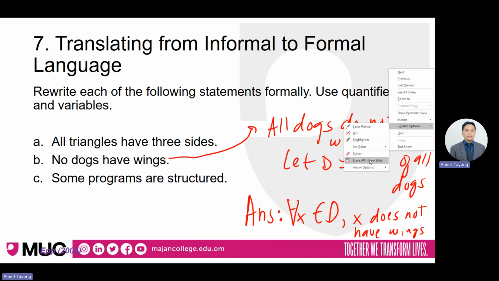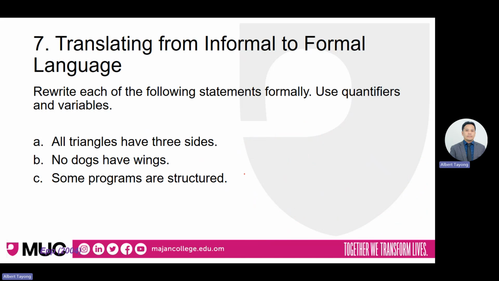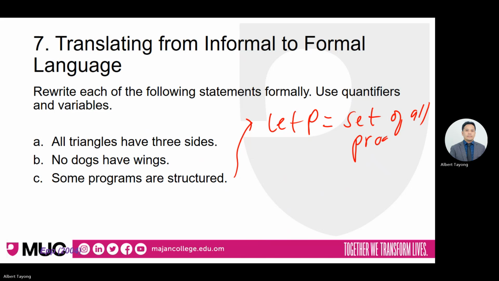The last one there, some programs are structured. So let P equal the set of all programs. Some is the keyword. The answer will be like this: in P, some programs.